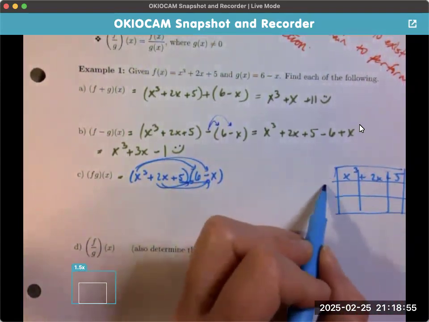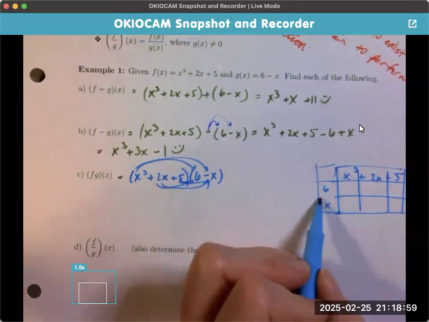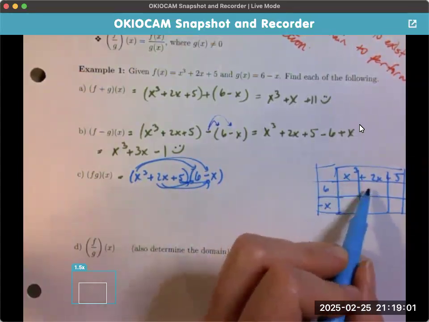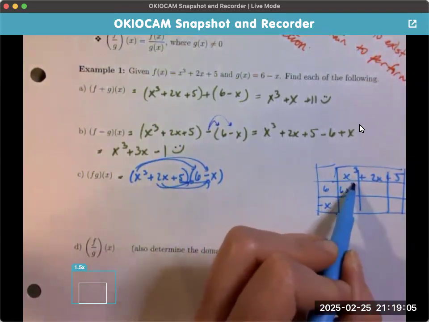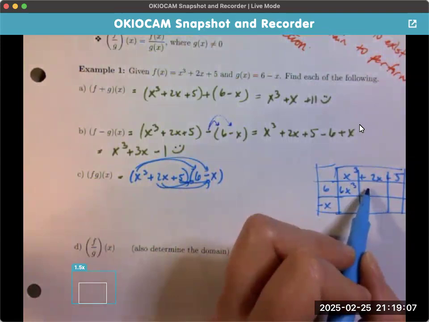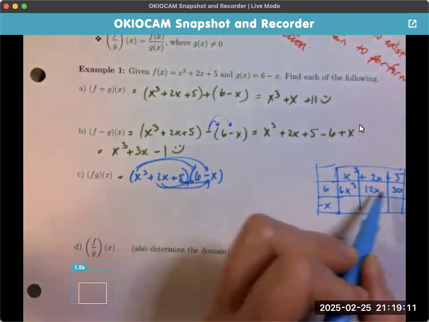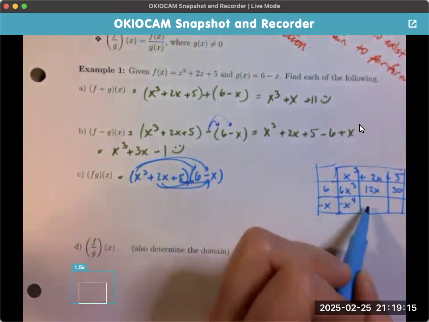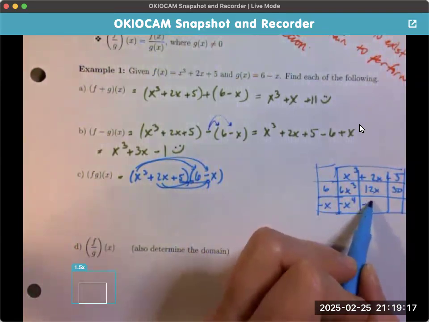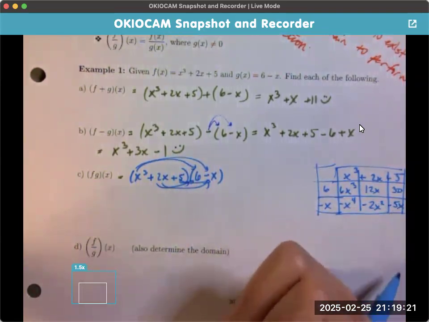Columns. 6 minus x and 2 rows. So remember that inside each cell is the product. So this is 6x cubed, 12x, 30, and then negative x to the fourth. Oof, negative 2x squared and negative 5x.